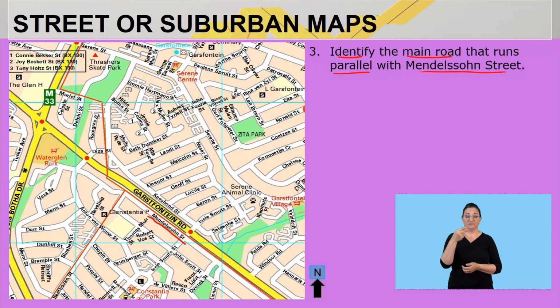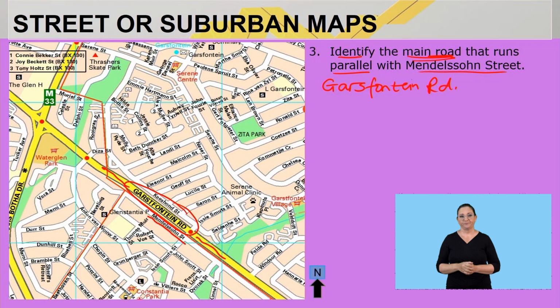So what is the main road that runs parallel with Mendelssohn Street? I'm sure you'll agree with me looking at the map that it will be Garsfontein Road. Guys, are we clear? So I'll indicate the answer to this question is Garsfontein Road. It runs parallel with Mendelssohn Street.